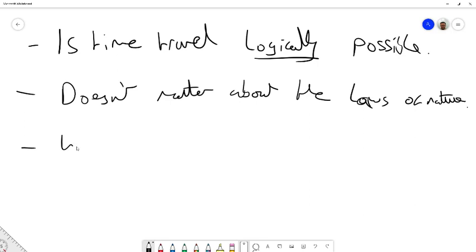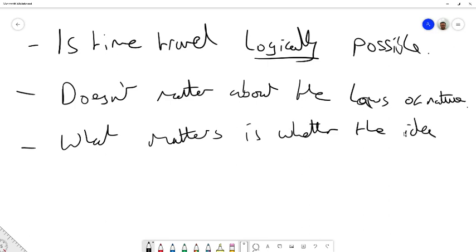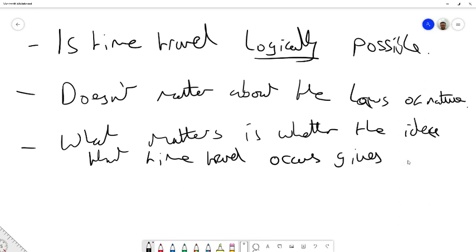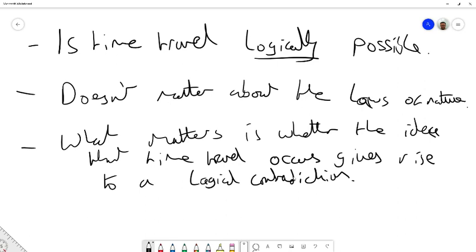So what matters, this is the key thing to note, what matters is whether the idea that time travel happens, or that time travel occurs, gives rise to a logical contradiction. Okay, that's the key idea.